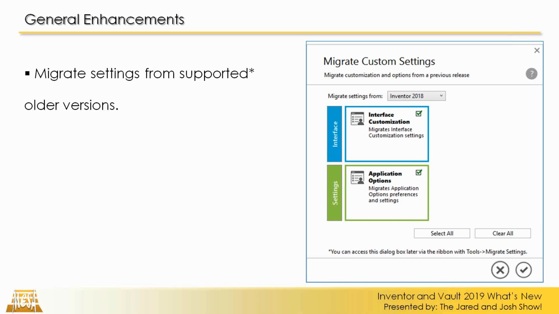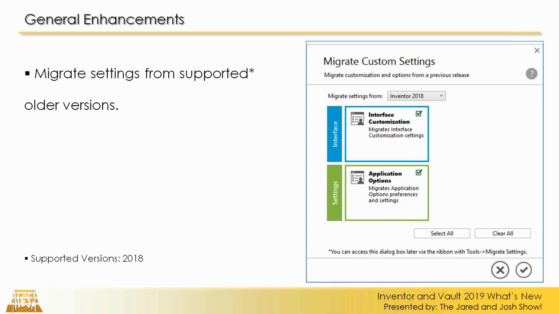You can see from supported older versions. What exactly does that mean? Well, currently the only supported old version is 2018. So if you are using 2018 and you have custom settings, you can do this migrate custom settings. If you are on 2017 or older, you will still have to export out an XML file to import into Inventor 2019.